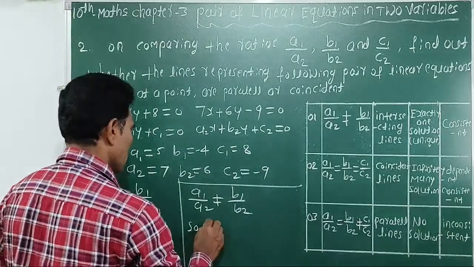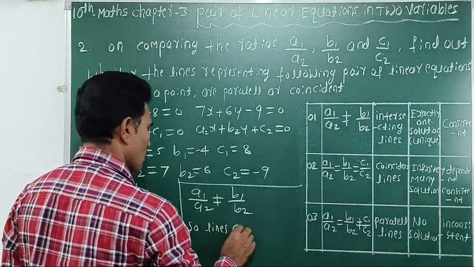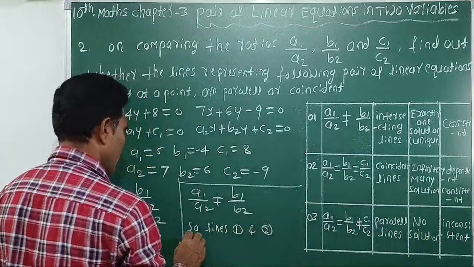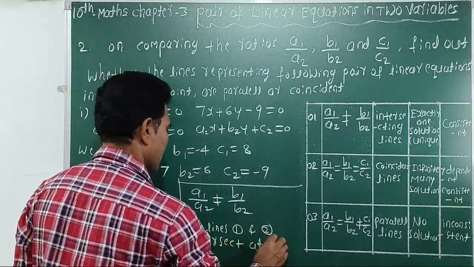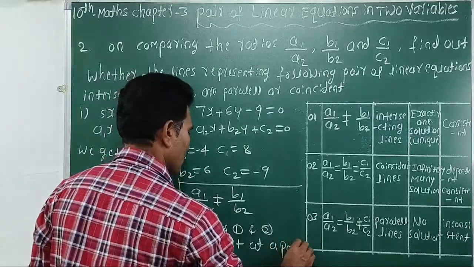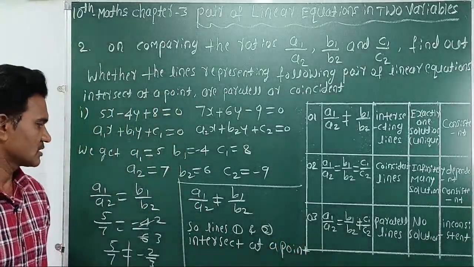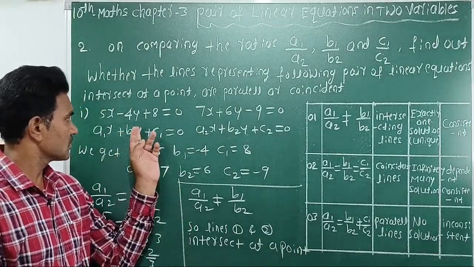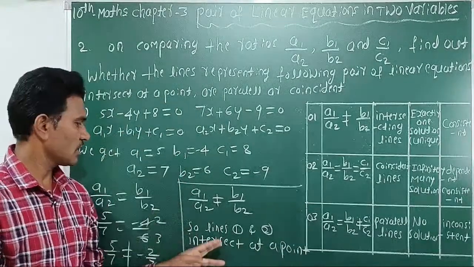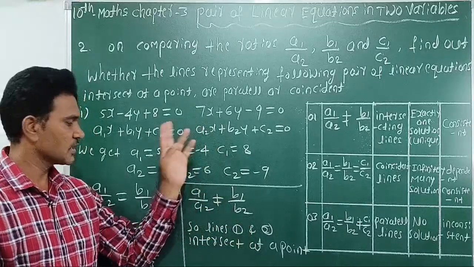So lines 1 and 2 intersect at a point. Yes, we can write this. Line 1 means the graph of equation 1, line 2 means the graph of equation 2.